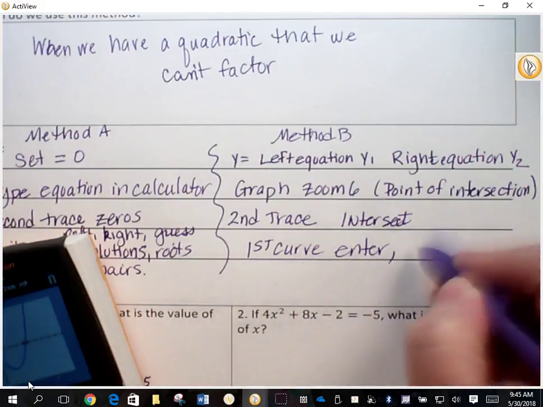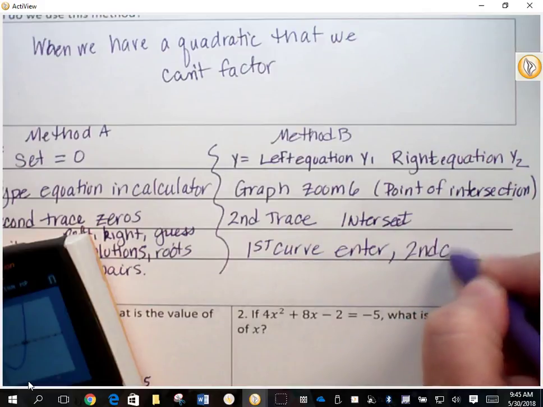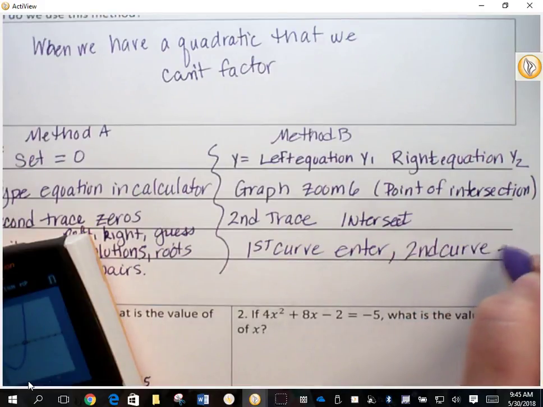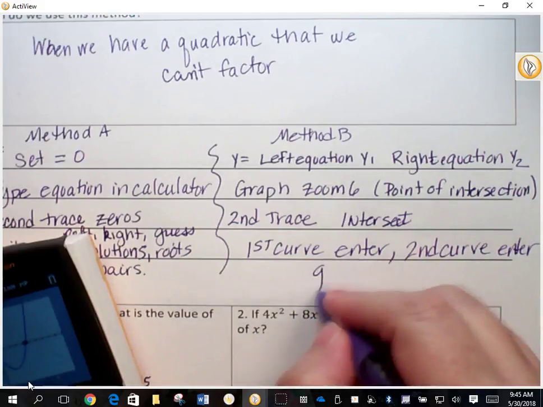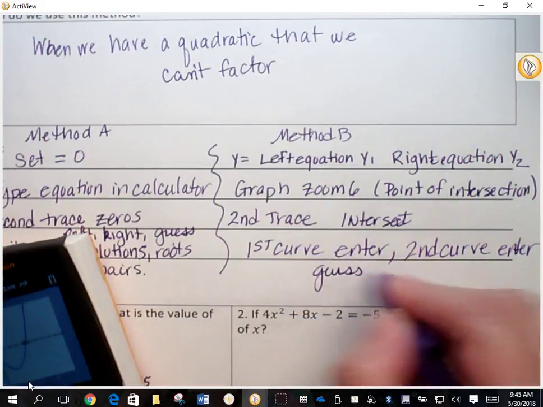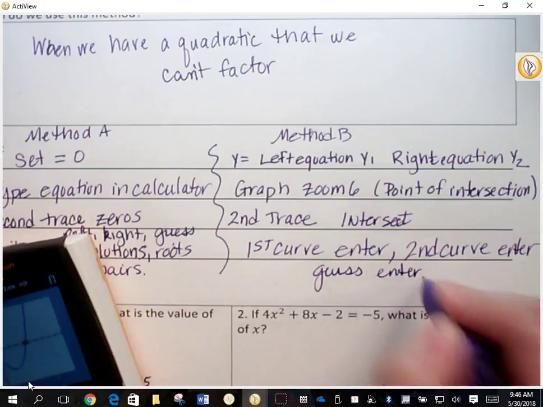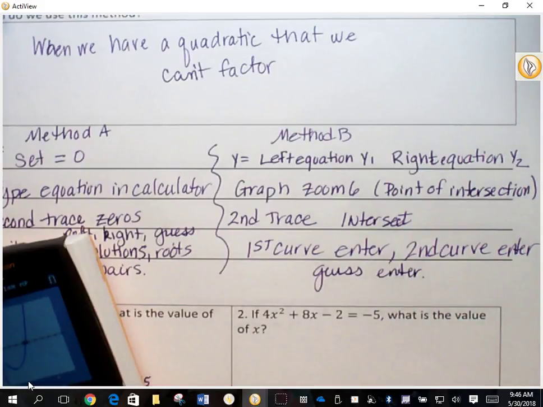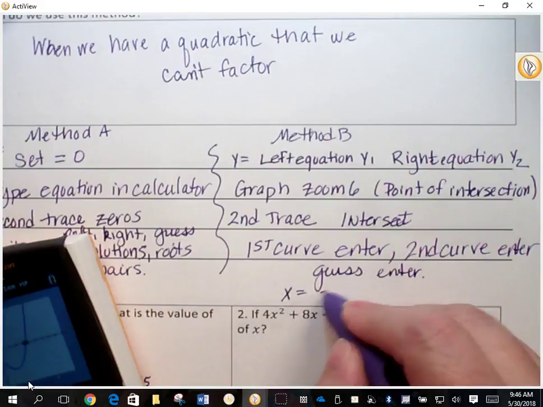It's going to ask us for the second curve, and we press enter. And then our guess, and we press enter. And that's going to give us what x equals. That's our 0.